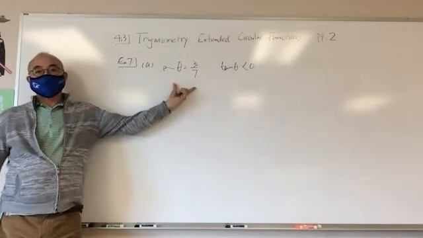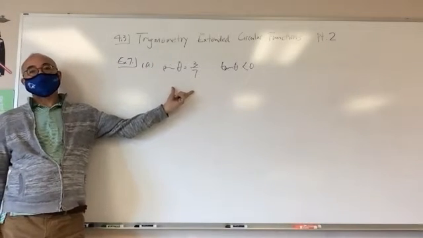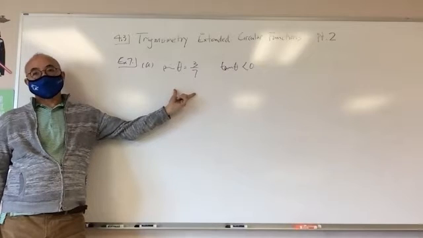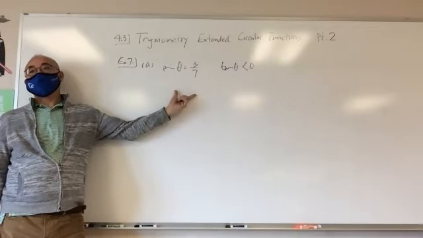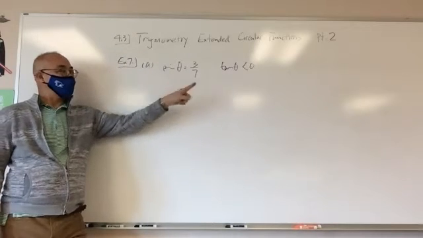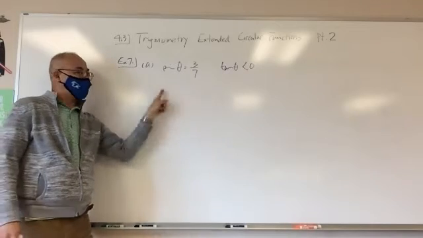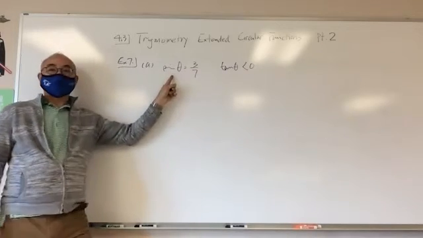Sine theta is 3 over 7, a positive number, which means theta can be in quadrant 1 or 2. Sine is positive, positive, negative, negative. So this could be quadrant number 1 or number 2.